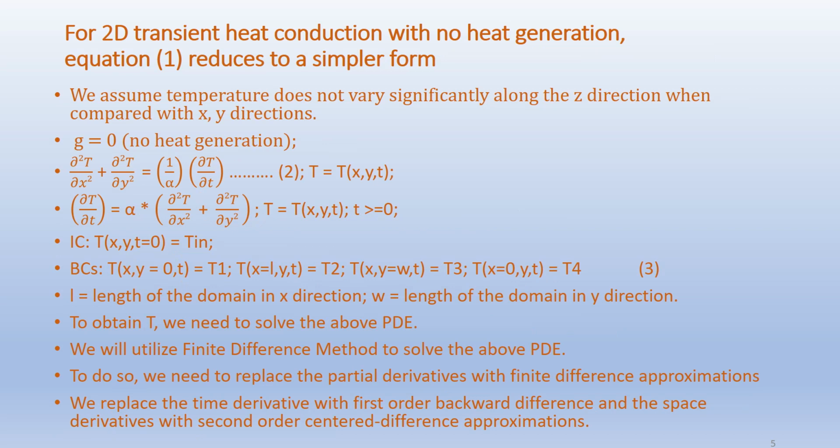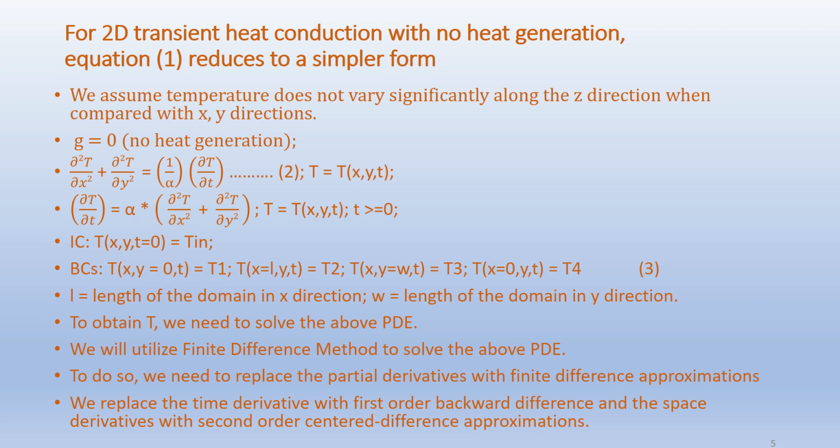For 2D transient heat conduction with no heat generation, equation 1 reduces to a simpler form. We will assume that the temperature does not vary significantly along the z direction when compared with x and y directions. Also, since there is no heat generation, g equals 0.